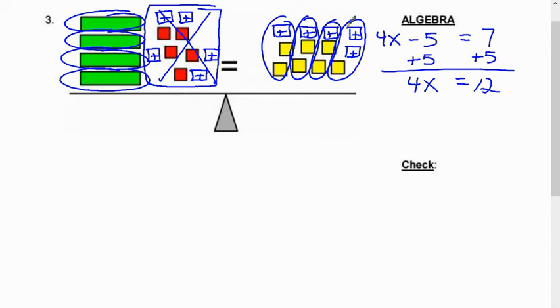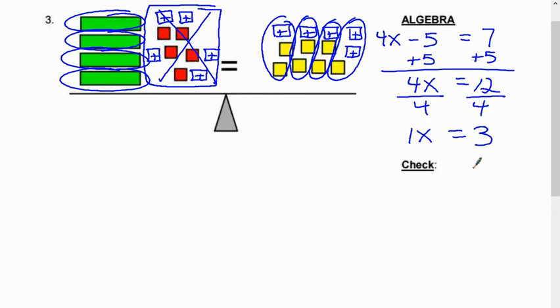Okay, and I can see that each group on the right has a value of 3. So algebraically, we just divided each side into 4 equal groups. On the left, 4x divided by 4 is 1x in each group. 12 divided by 4 on the right was equal to 3. So I think x equals 3.